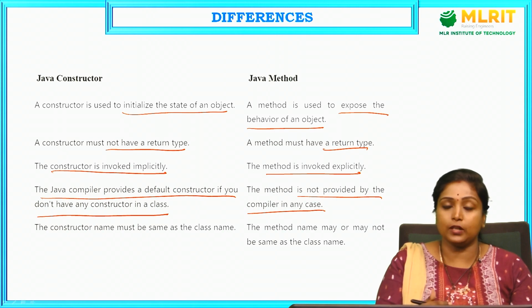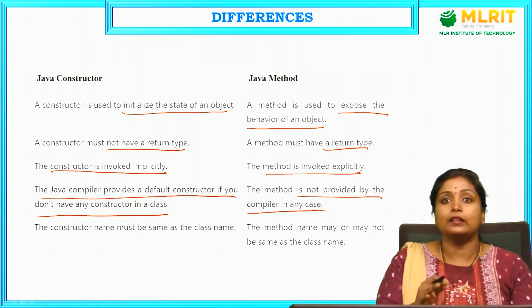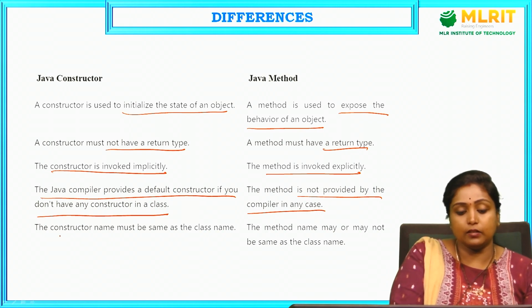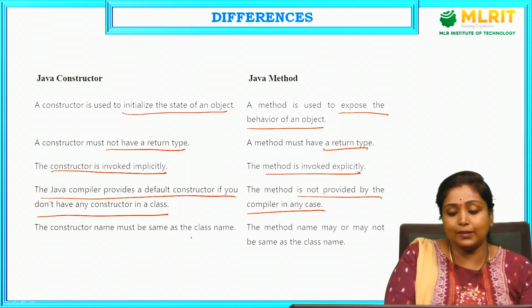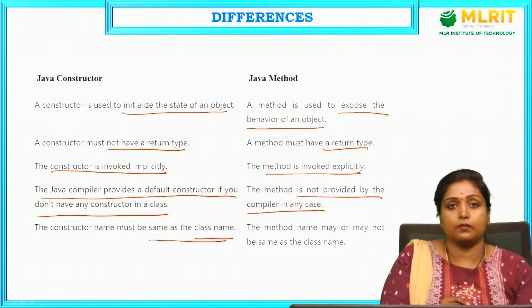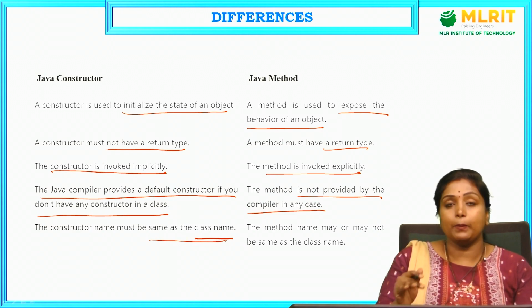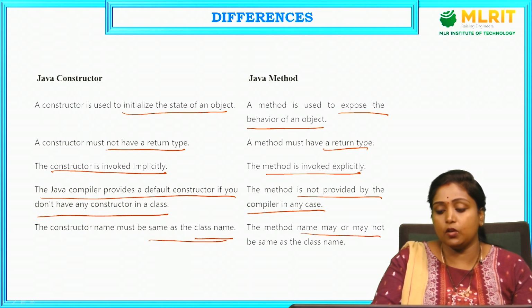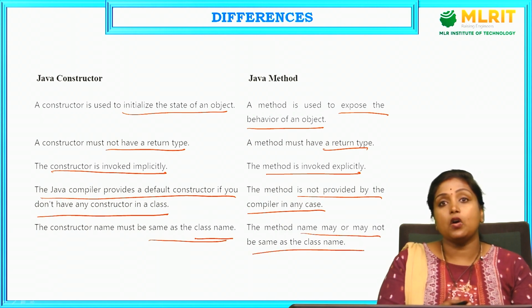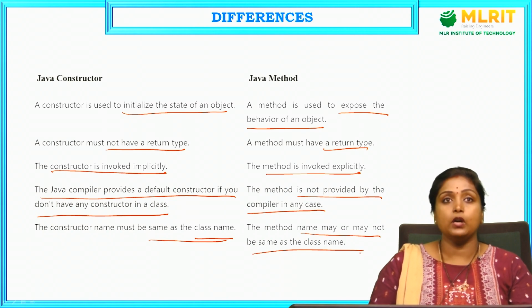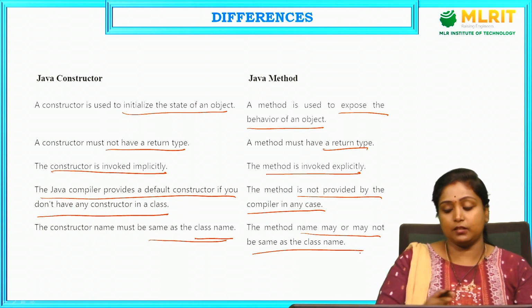The programmer has to write the method by yourself. The constructor name must be the same as the class name. Whatever the name of the class, the constructor name is also the same. But the method name may or may not be the same as the class name, or you can define your own name. So these are the differences between a constructor and a method.